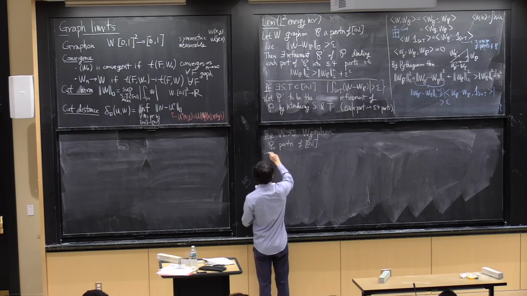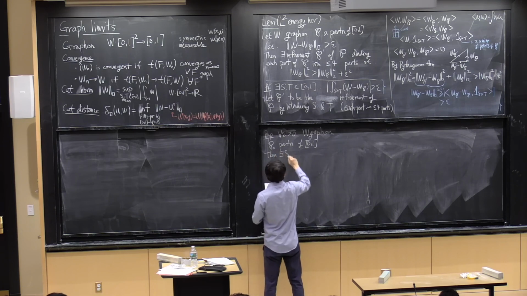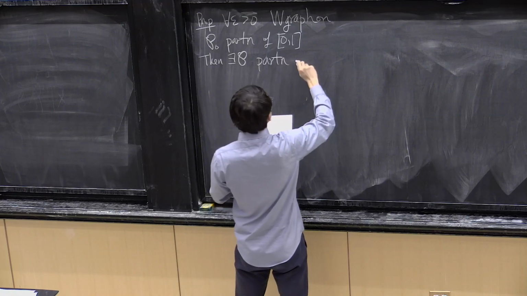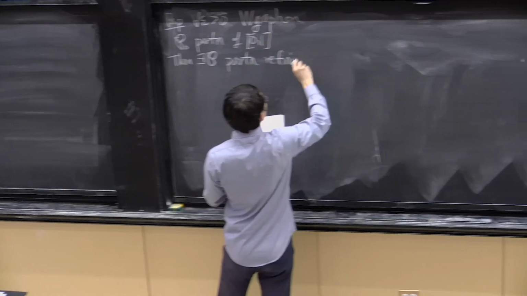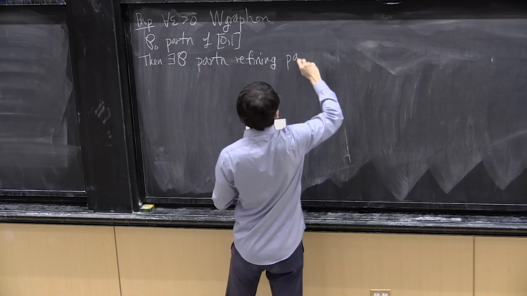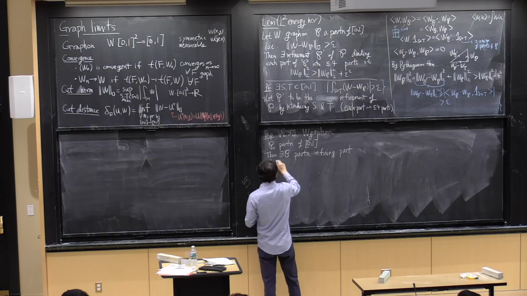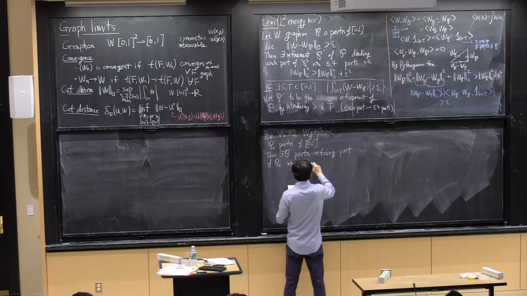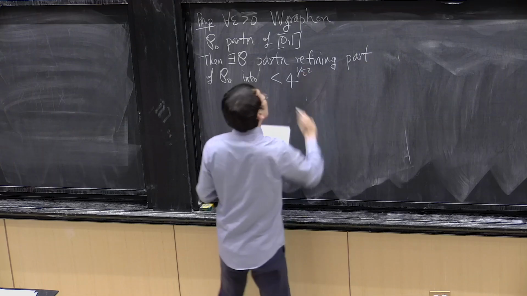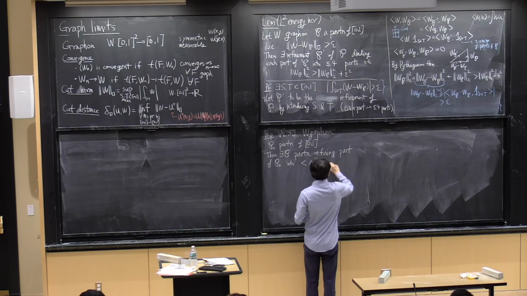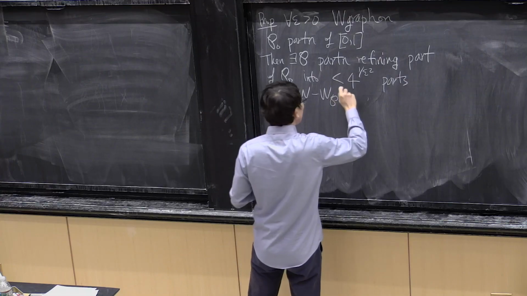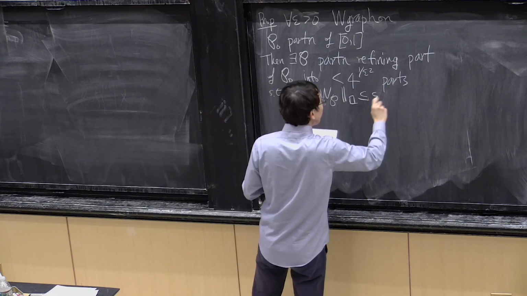Then there exists a partition P that cuts up each part of P naught into at most 4 to the 1 over epsilon parts, such that the cut norm of W minus W sub P is at most epsilon.